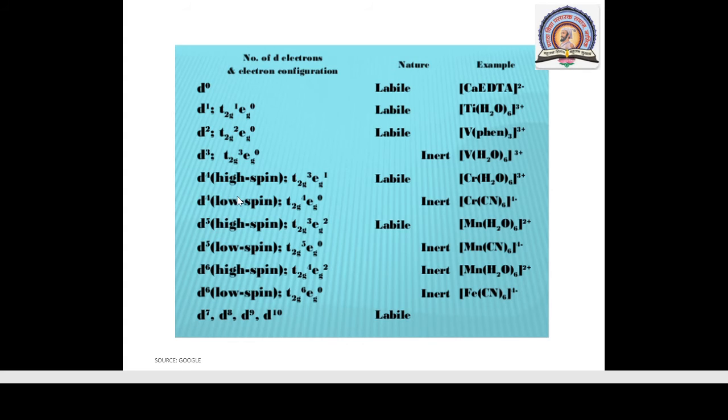Okay, let's move towards high spin and low spin. What is meant by high spin? High spin is nothing but weak field, means there is no pairing, and in low spin or strong field there is pairing. In a d4 system, where there are 4 electrons in your system, 3 in T2g and 1 in Eg, at that time it is labile. Let's see the previous example.